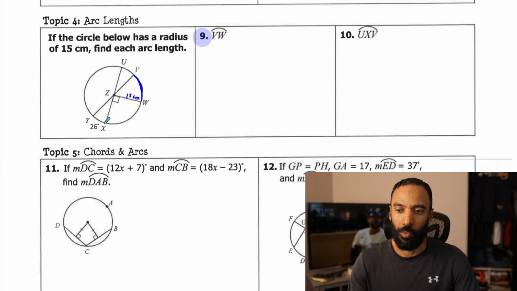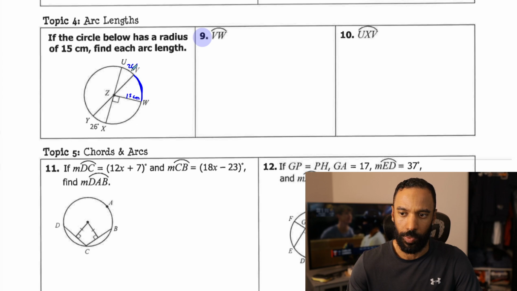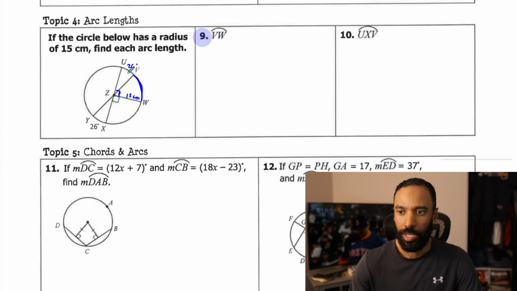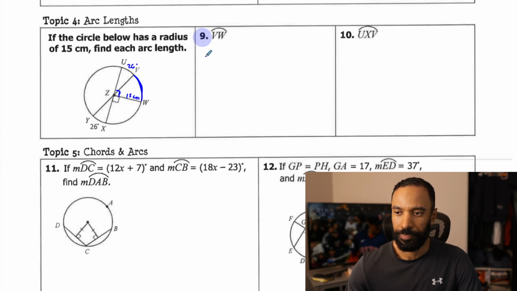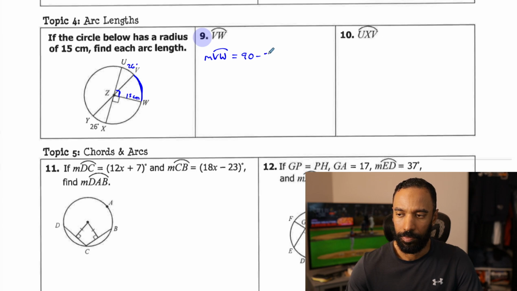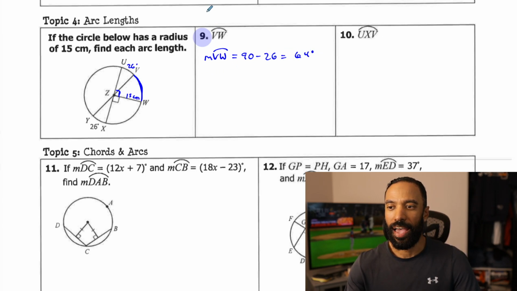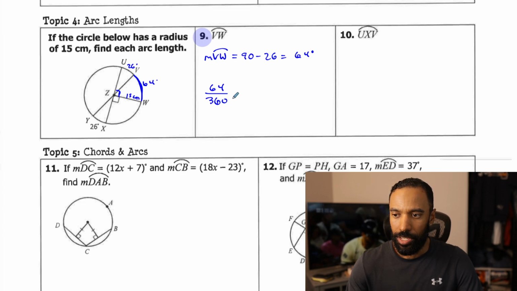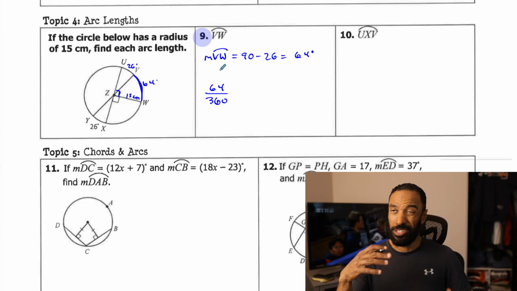Let's first figure this out. YX is 26 degrees, and we just saw another problem where this would be opposite. That's also 26. This is a right angle. That means this is a right angle here as well, a semicircle. So the measure of arc VW is 90 minus 26, which is 64 degrees. Now, that's not the answer. But 64 degrees out of 360 is the ratio.